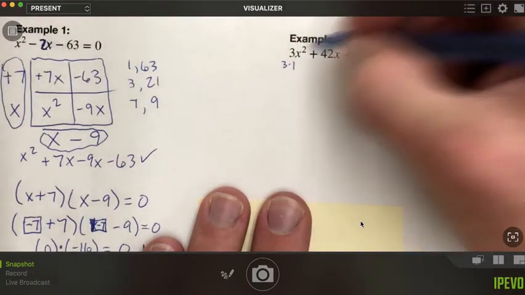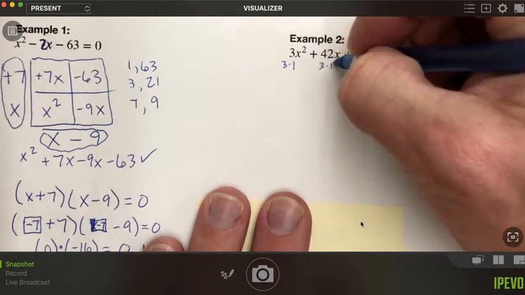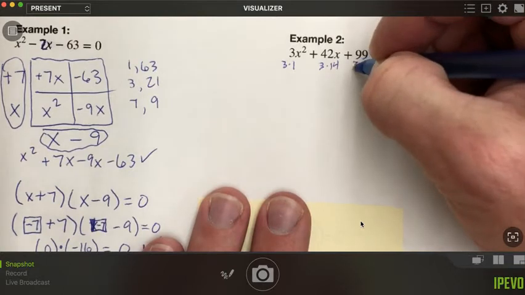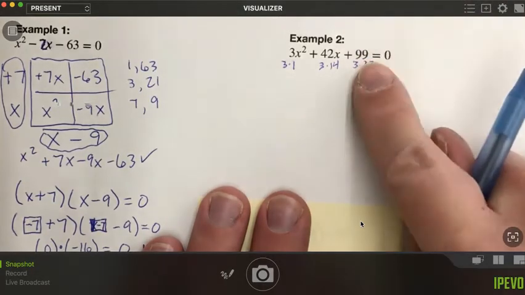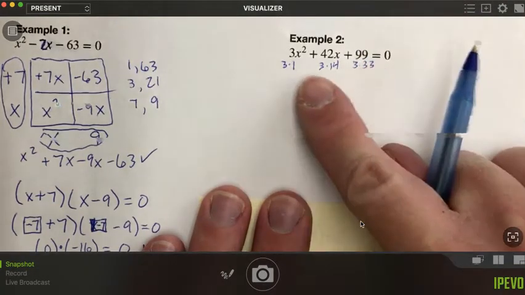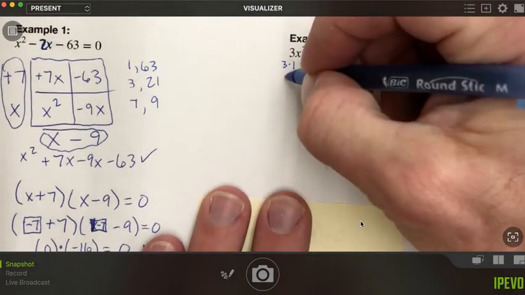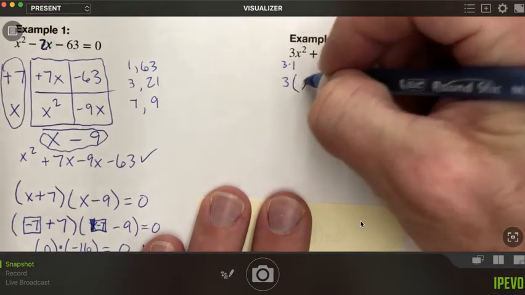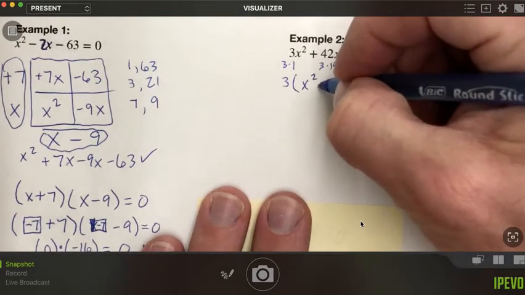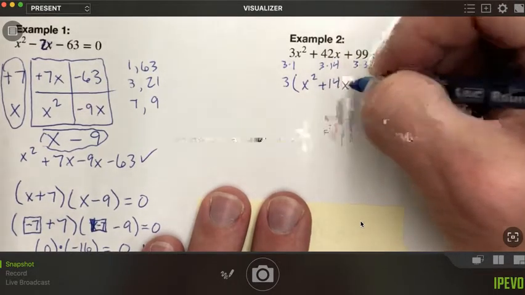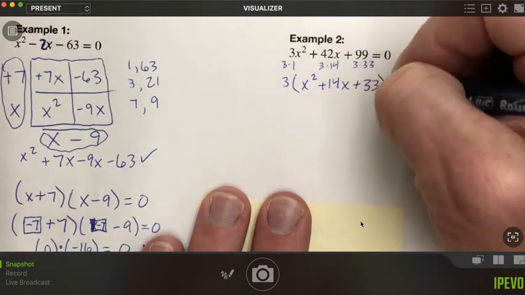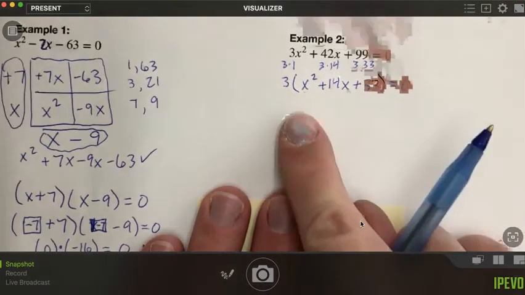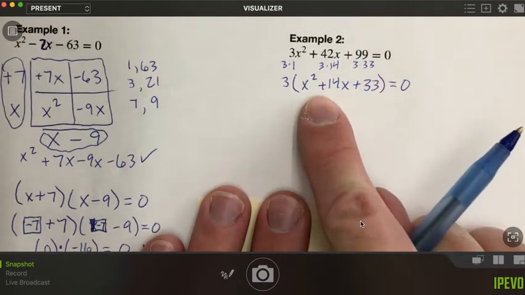So 3 times 1 is 3. 3 times 14 is 42. And 3 times 33 is 99. So sure enough, 3 is a factor of all of them. So the first thing I'm going to do is just divide out that 3. To get that much simpler thing to factor.